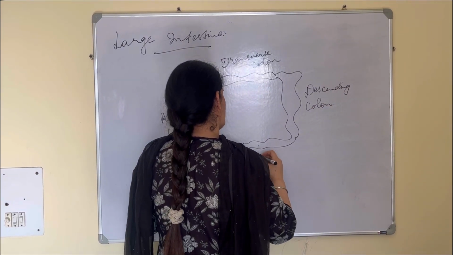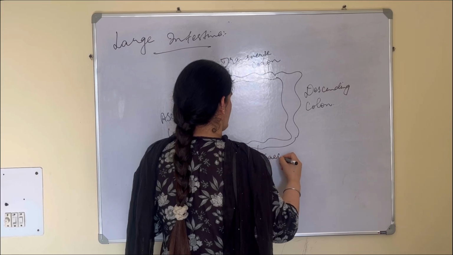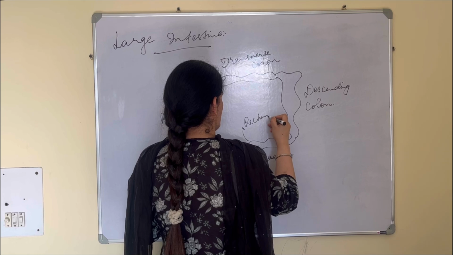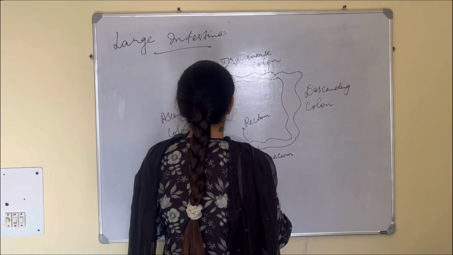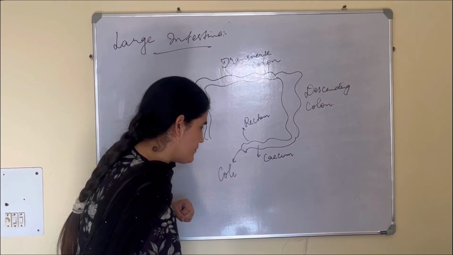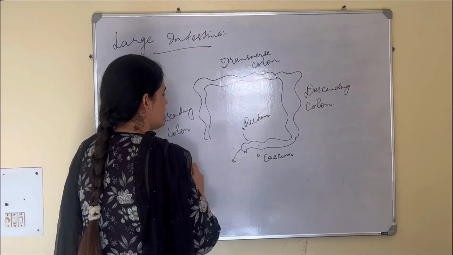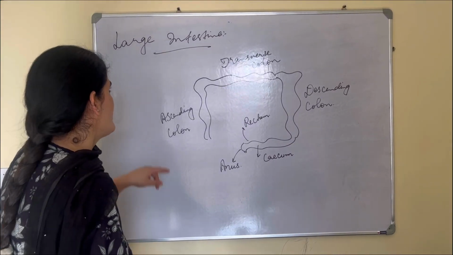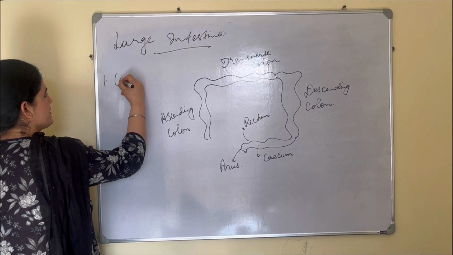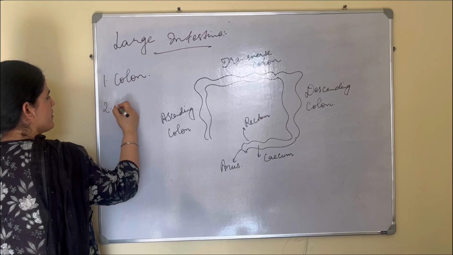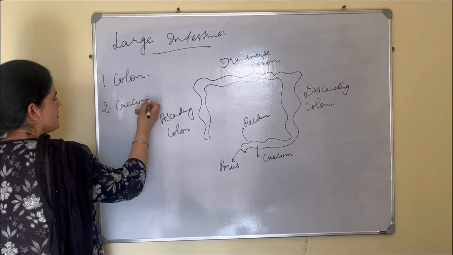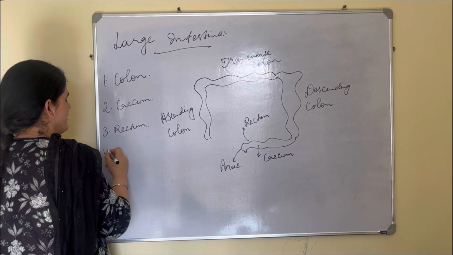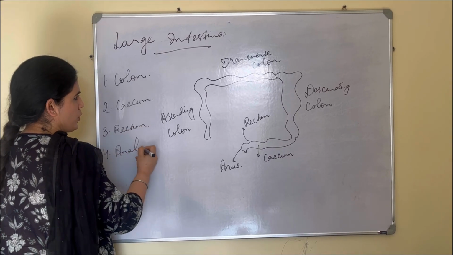And then this is the cecum part. Then we have the rectum, and then we have the anus. Okay, so we have these parts of the large intestine: colon, cecum, rectum, and then the anal opening, the anus.